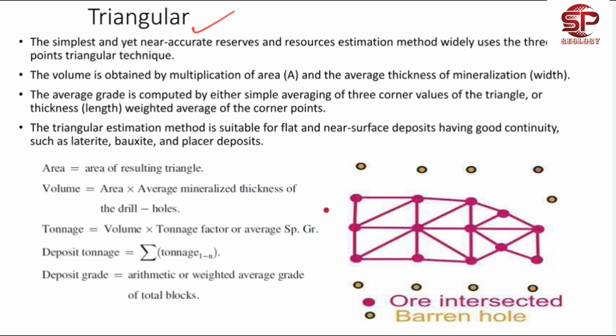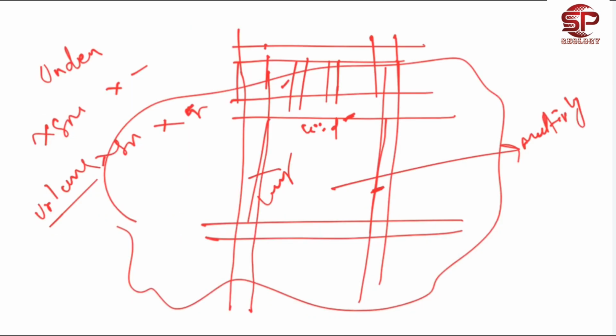Now this is the triangular method. What do they do in the triangular method? They have drilled some holes. These are the drill holes. They have intersected some ore zones.